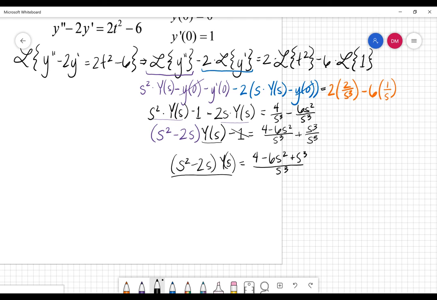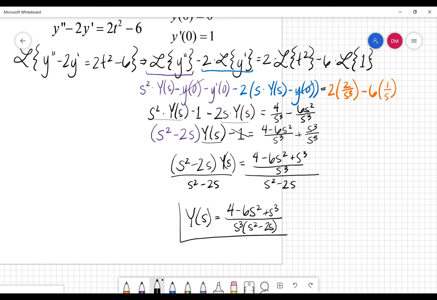And then I'm going to divide from both sides this s squared minus 2s. And that will clearly just get lumped in with my denominator here. So the simplest form of this, and really all we're concerned about leaving it, is capital Y of s is equal to 4 minus 6s squared plus s cubed all over s cubed times the quantity s squared minus 2s.